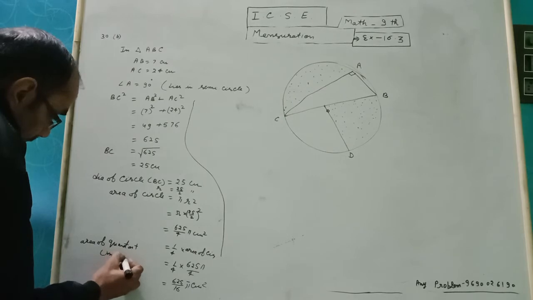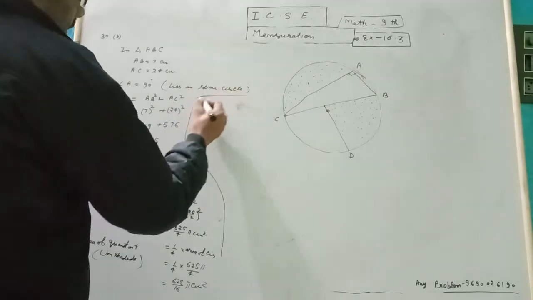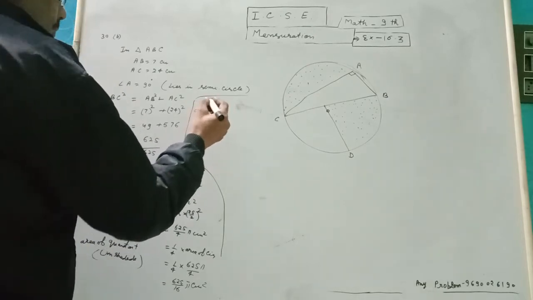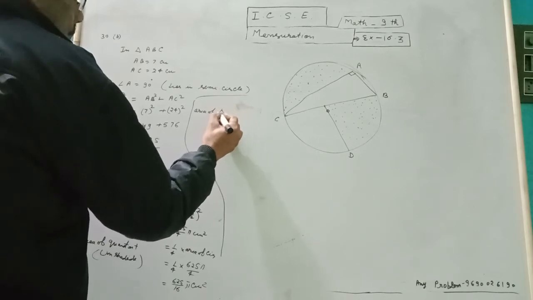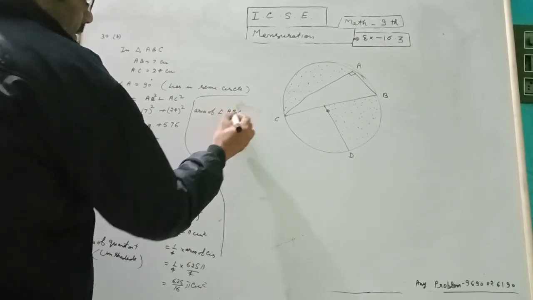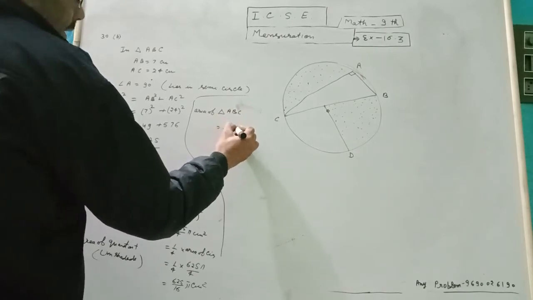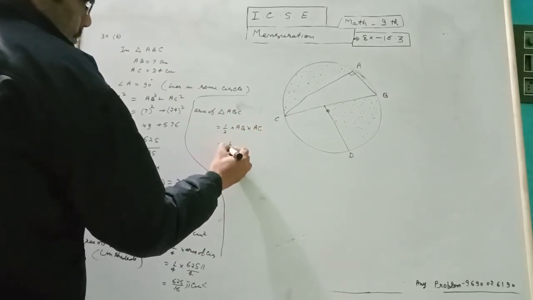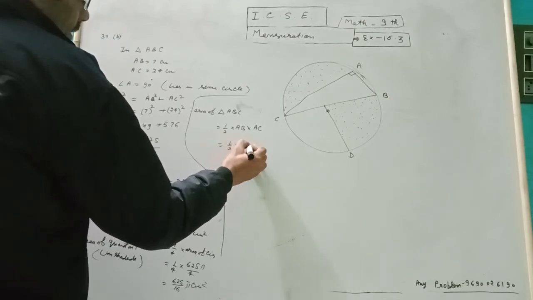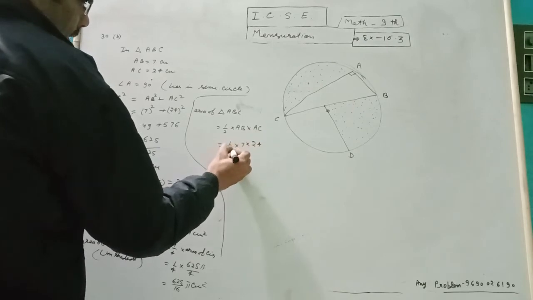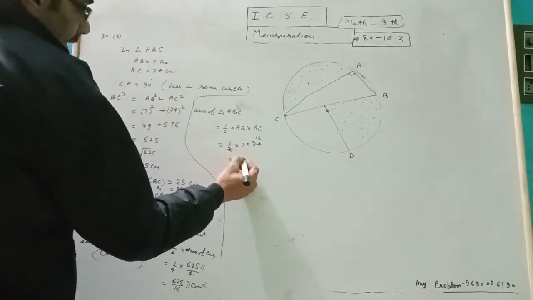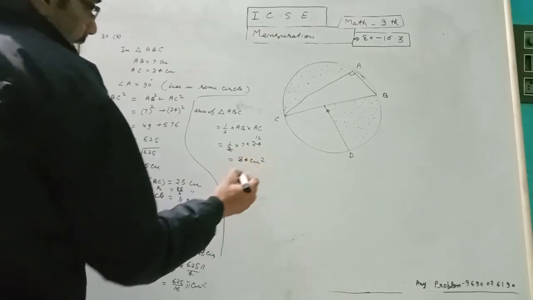Unshaded part: area of triangle. Area of triangle ABC is 1 by 2 into base into height. 1 by 2, AB is equal to 7, AC is equal to 24, divide by 2, 12, 84 cm square.